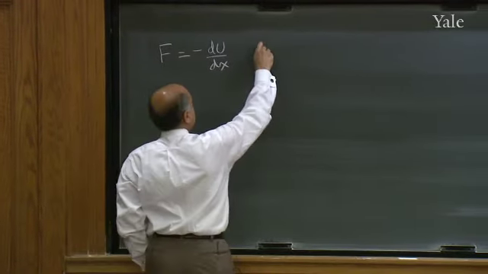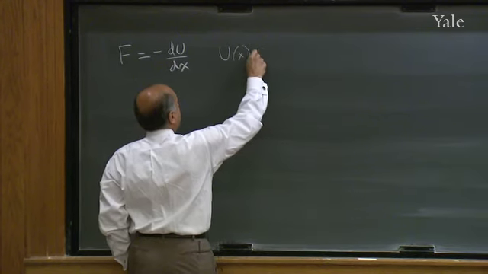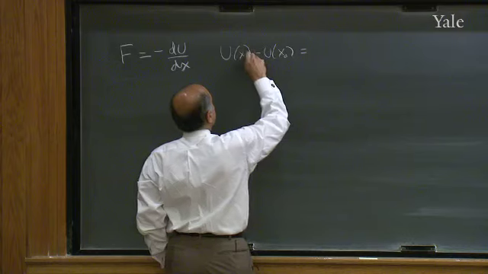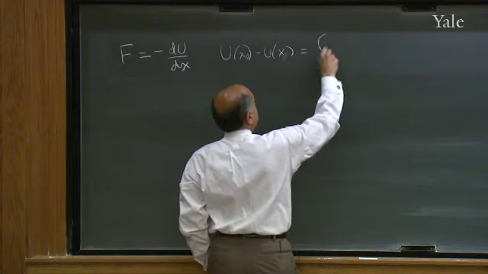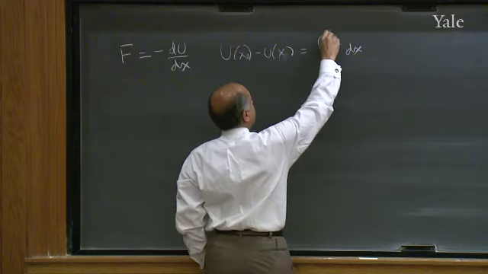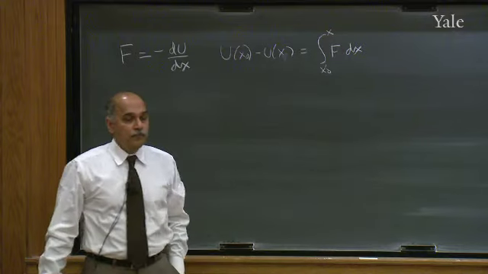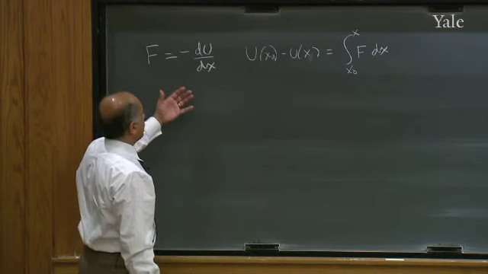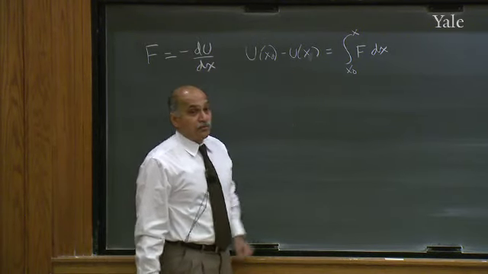The potential energy at x minus the potential energy at some starting point x naught is minus the integral of the force from x naught to x. This is the relation: the force is the derivative of the potential, and the potential is the integral of the force.